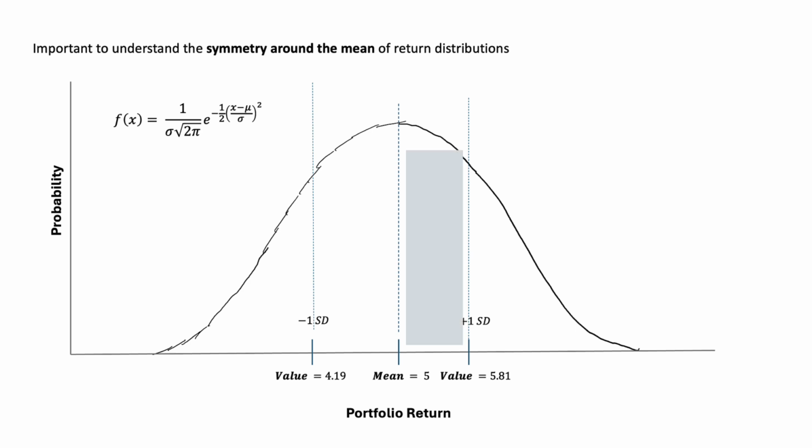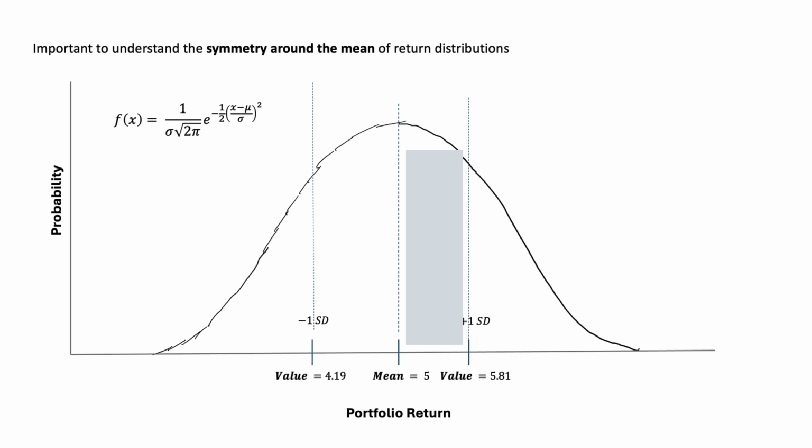And so now if we want to know what is the likelihood a certain value falls between, let's just say between the mean 5 and one standard deviation away from that, which is 5.81, there's no real good way to do that unless you know a little bit of calculus here. And again, we don't need to know that for the purpose of this exam. And in any case, this is a pretty hard integral to do, but you would have to take the integral of the value between 5 and 5.81, which would essentially help you calculate the area.